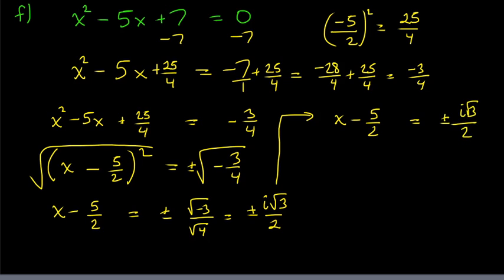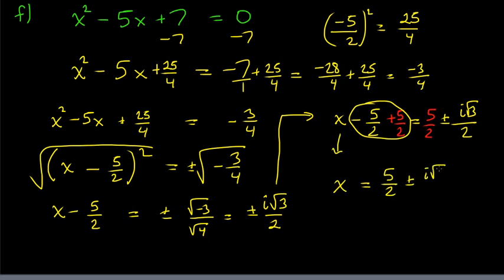So the only thing left to do now is add the 5 over 2 to both sides. All right, so on the left, these just add up to 0, leaving you with x equals 5 over 2 plus or minus i root 3 over 2. And they have a common denominator, right? The 2 is common, so we can combine everything.